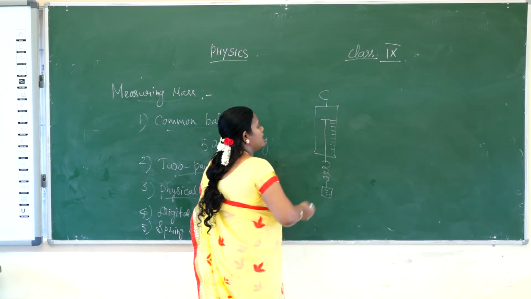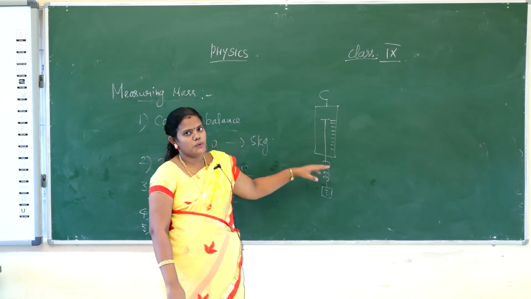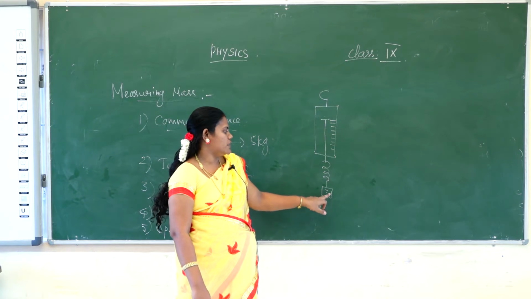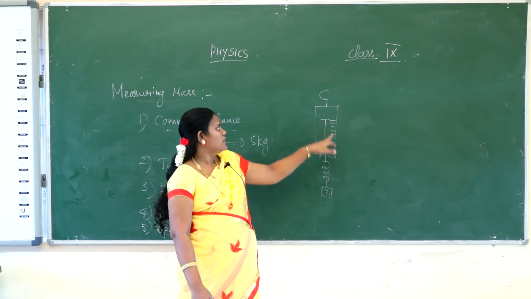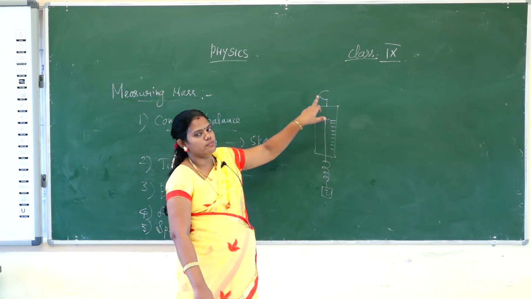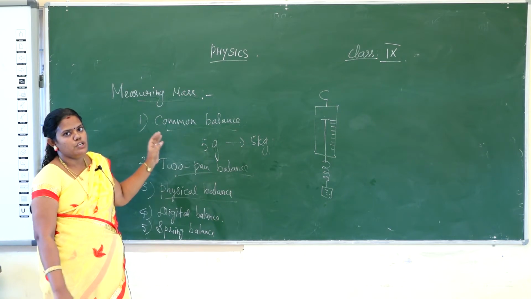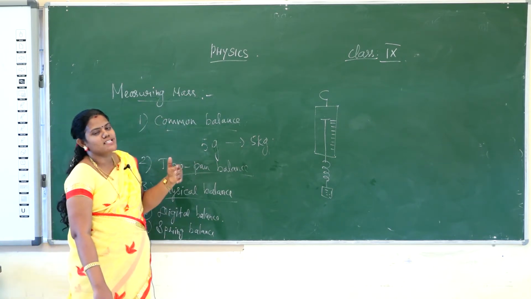A spring balance is nothing but a balance having a spring. One end is attached to the pointer and the other end is attached to the thing. Whatever thing you want to weigh, you put it in, and the pointer shows the weight of that thing. That is the spring balance. It is used to measure the mass of any one thing.